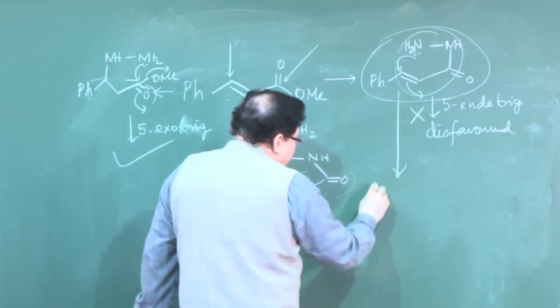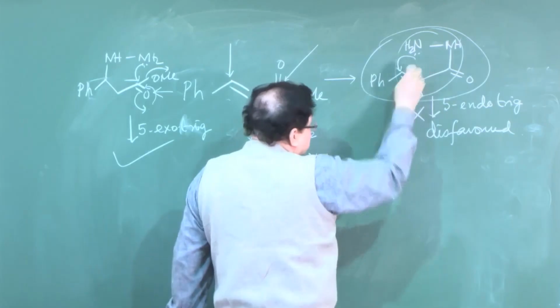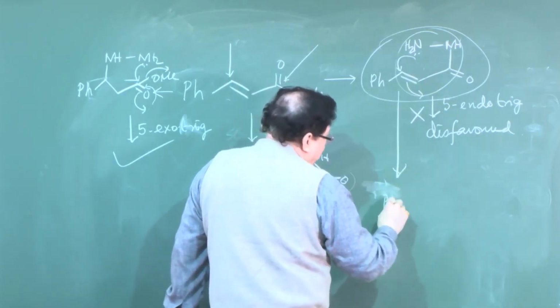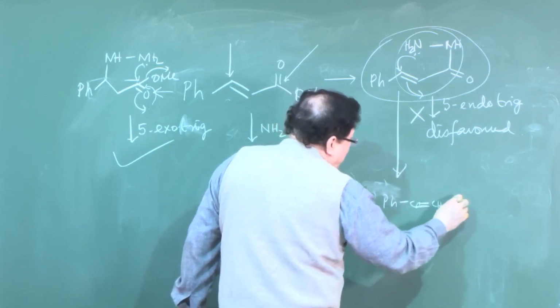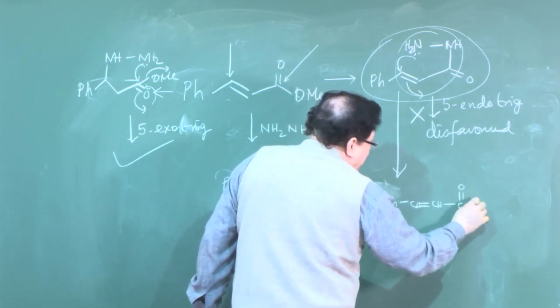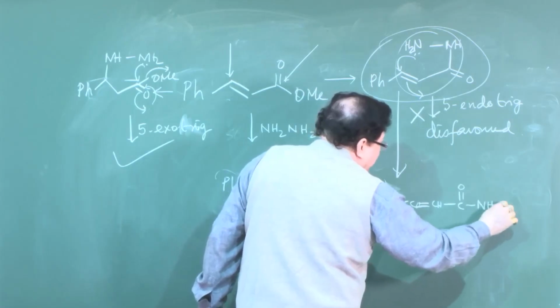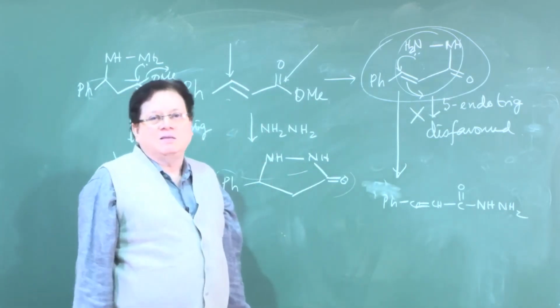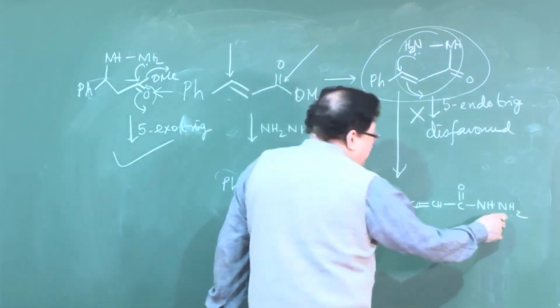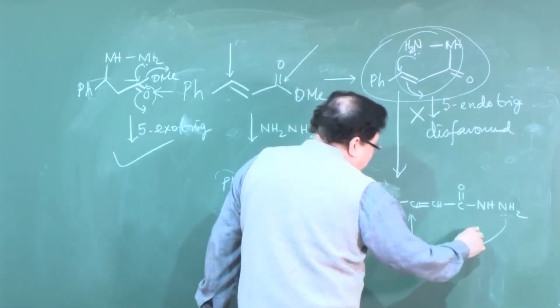You understood what I said, that you can make this intermediate, and there are many ways you can do that. One way is to take cinnamoyl chloride and then add hydrazine. So, you get this molecule, the hydrazide. And if you now want an intramolecular cyclization with this hydrazide, it never worked.